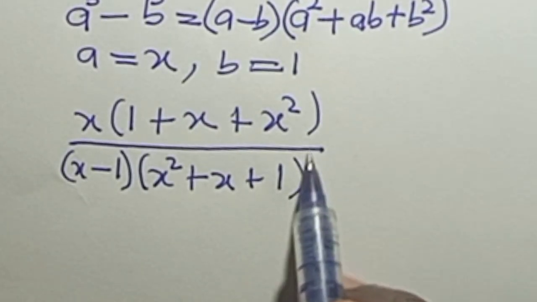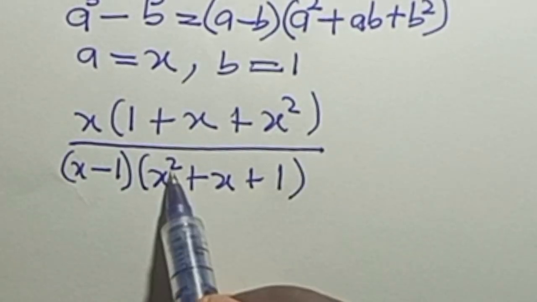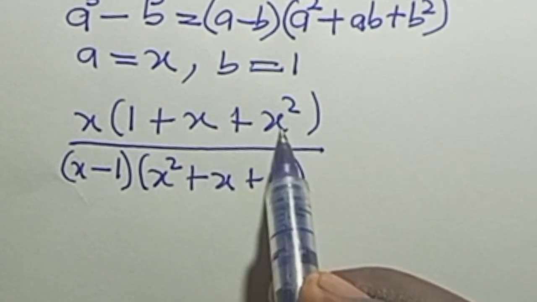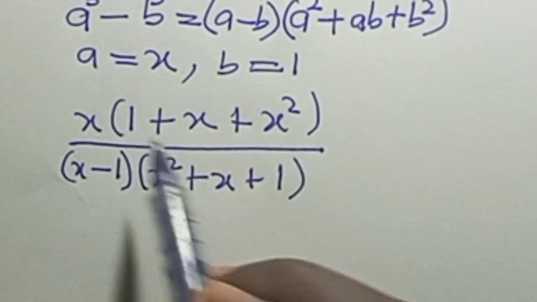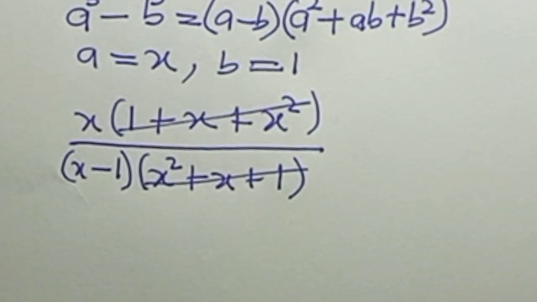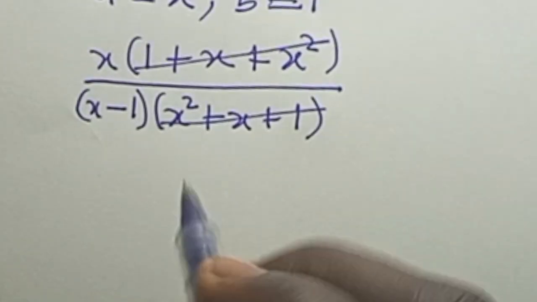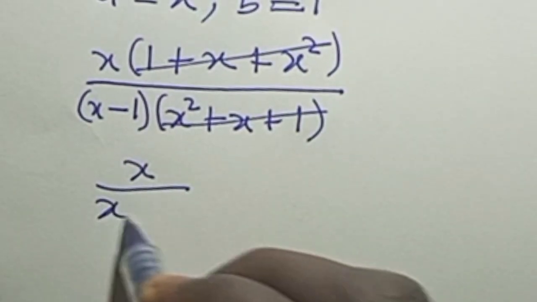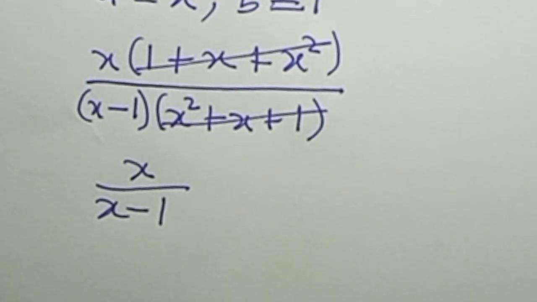So by observation, we see that s^2 + s + 1 also occurs in the numerator. Therefore, we can cancel out s^2 + s + 1, and our equation becomes s over s - 1.